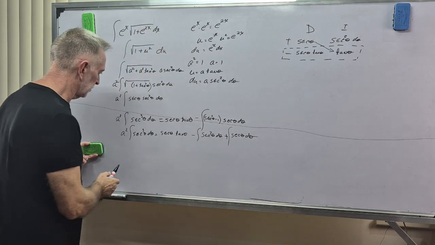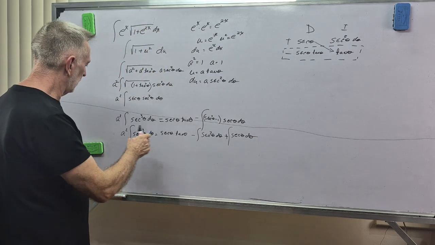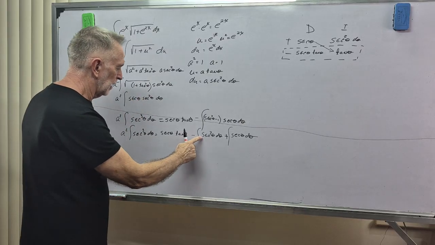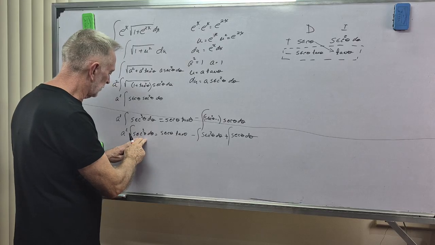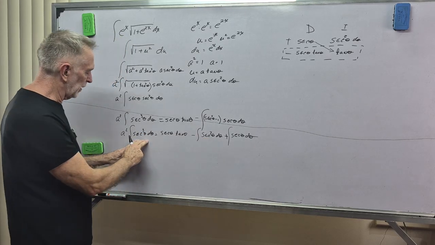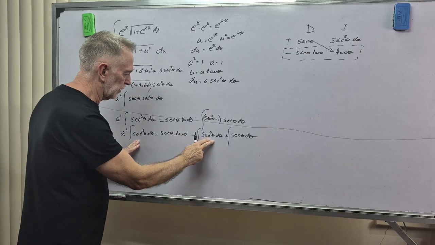Okay, now you'll notice I have, well, a squared is 1. Okay, so that's a 1. I have a secant theta here minus a secant cubed theta and a secant cubed theta here.